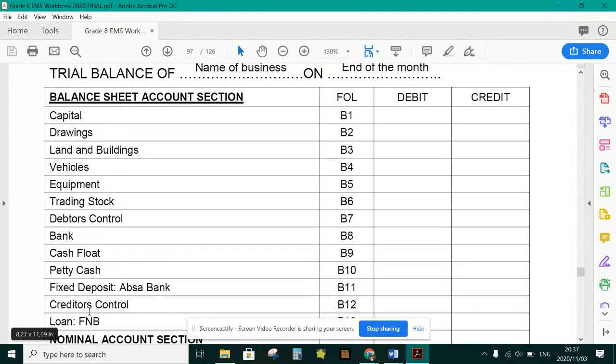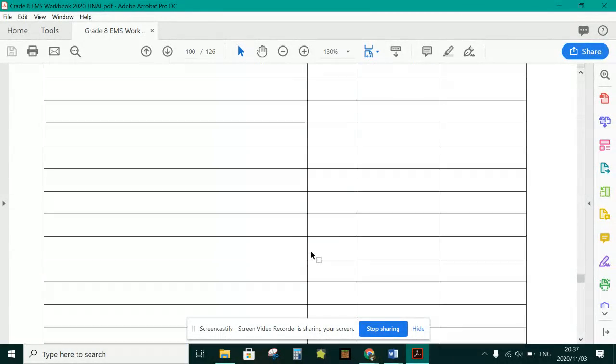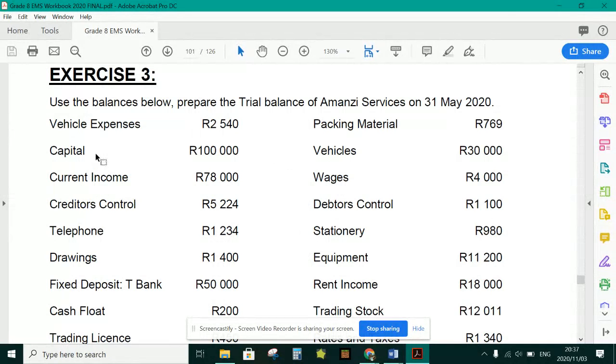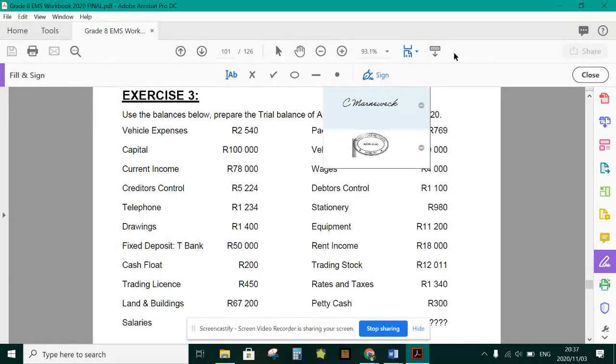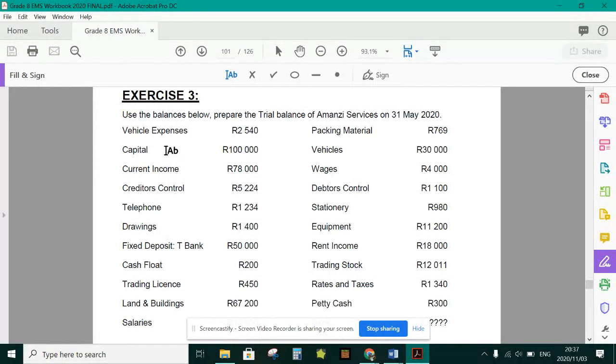Okay, so we're going to start. Capital, drawings. We have a look at exercise 3. Do we have capital? Yes, we do. So I'm going to write on here. Capital is B1. Then we have drawings, B2. Then our fixed assets. Do we have land and buildings?